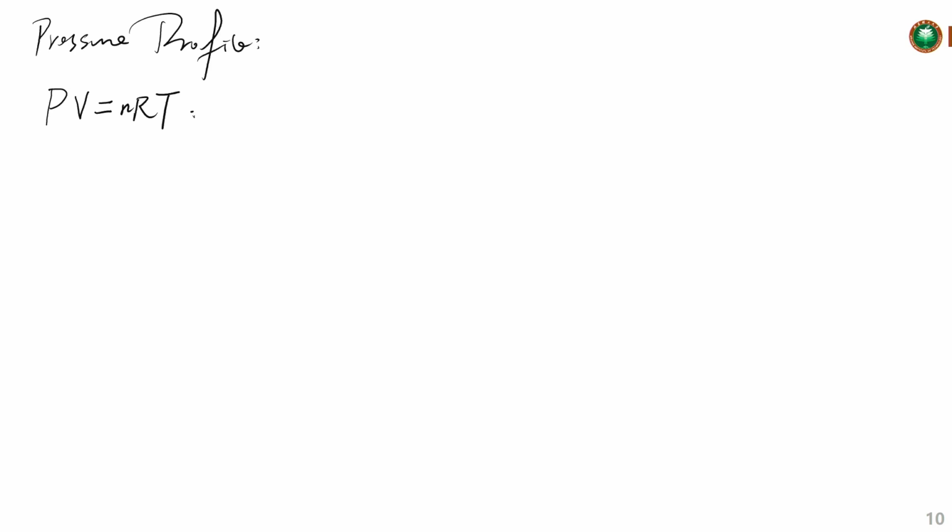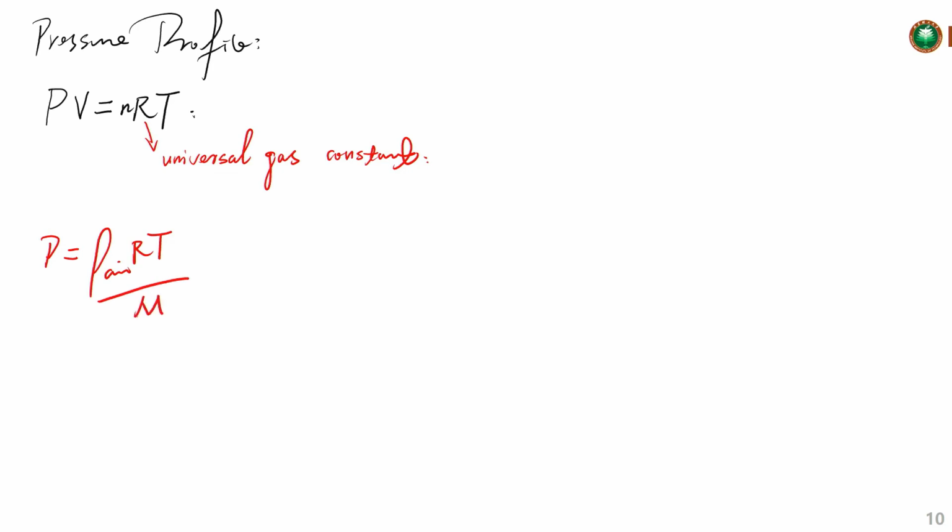R is called the universal gas constant. If we move V to the right side, it becomes P equals rho air times R times T divided by m, where m is the mass of the atmosphere molecule, rho air is the density, R is the universal gas constant, and T is the temperature.